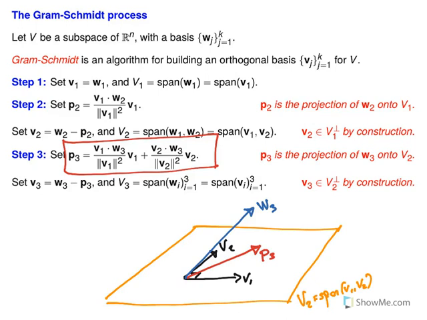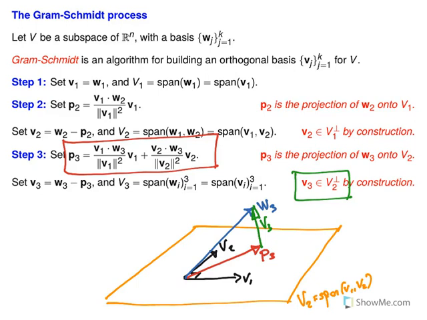And then the vector V3 is what remains. So it is this guy. So that's V3. And now by construction, V3 is necessarily orthogonal to V1 and V2, and that's the third one.